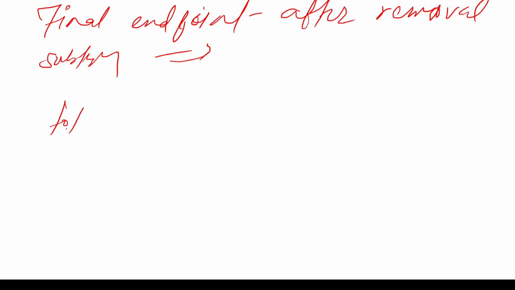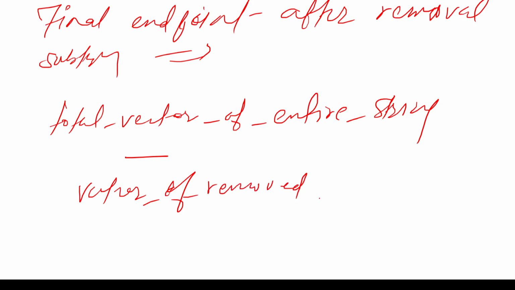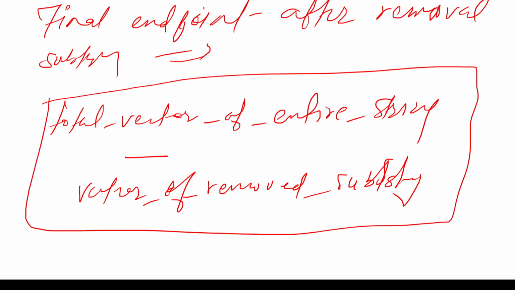We'll say, what is the total vector of the entire string, minus the vector of the removed substring? Okay, you check the substring. This is what we have to find for the final endpoints.